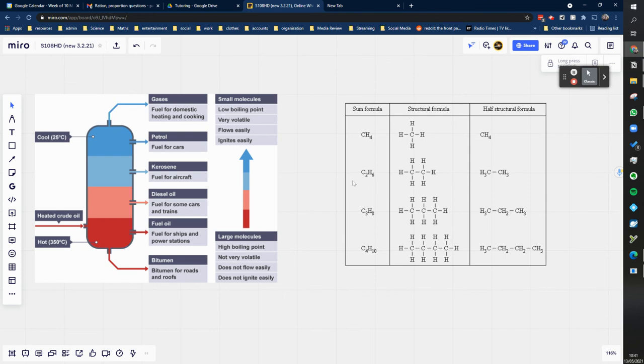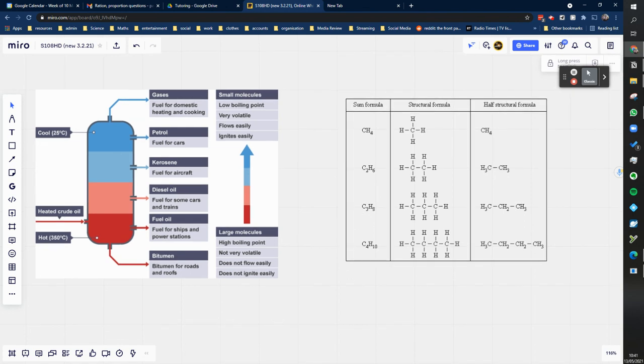Anyway, the main point I want to talk about is that as you go down this, as the carbon chain gets longer, you can imagine the individual molecules will have a stronger attractive force from one another, and it's going to take harder work to separate them, because there's a longer chain. Let's imagine we draw a long chain here.